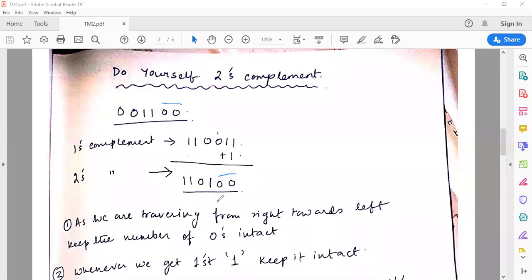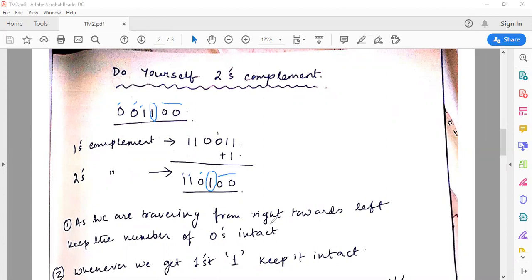Next, whenever we experience the first one, this first one is kept intact, no changes there. After that, whatever we get, we change to the ones complement form. That is, we flip the ones to zeros and zeros to ones, as you can see.